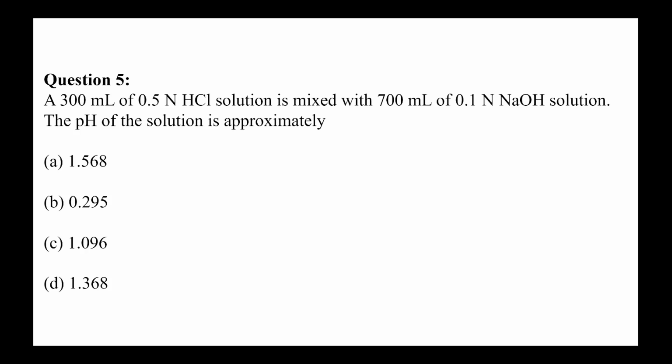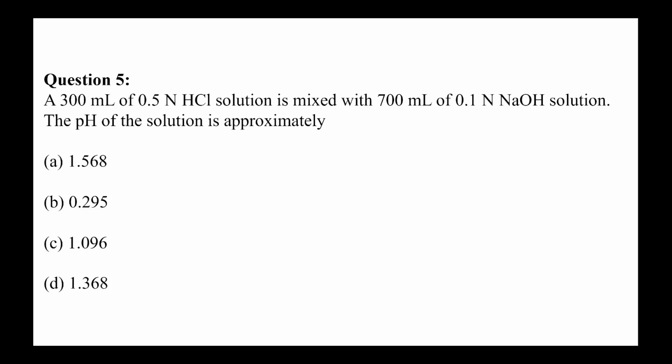Okay. Question number 5. 300 ml of 0.5 normal HCl solution is mixed with 700 ml of 0.1 normal NaOH solution. The pH of the solution is approximately? So we have an acid solution, HCl, and a basic solution of NaOH. Both are a strong acid and a strong base.